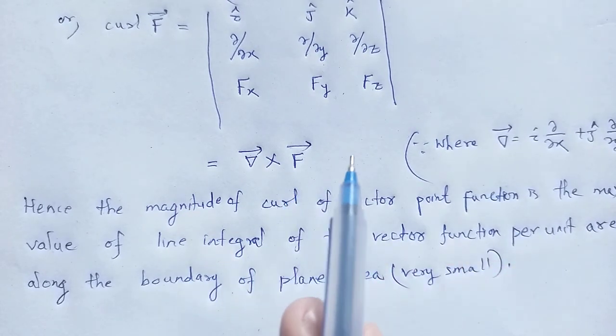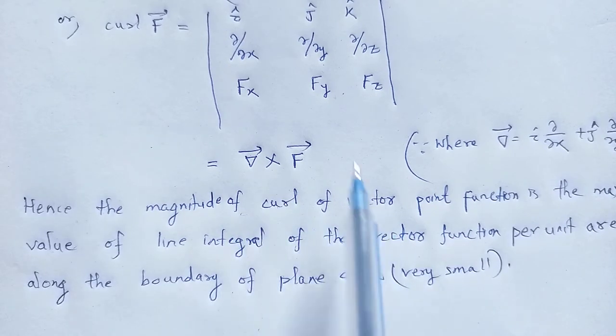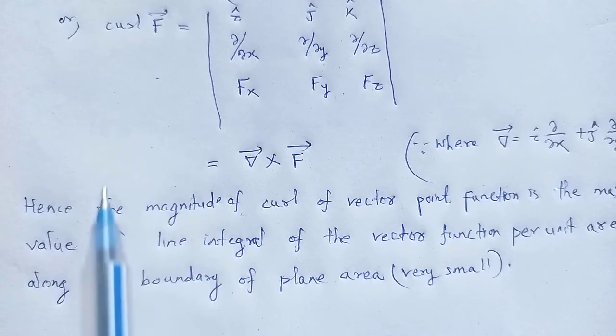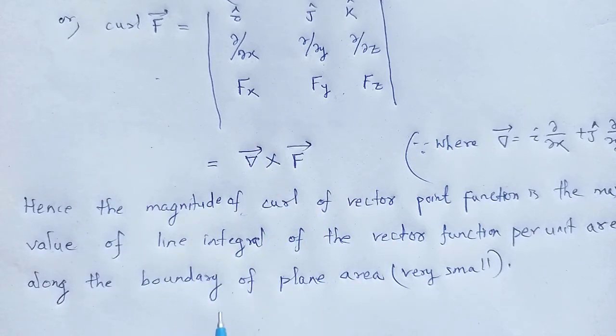This one is the physical meaning of that of curl. The magnitude of a curl of a vector point is the maximum value of the line integral of the vector function per unit area along the boundary of plane area. That area is very small. This one is the physical meaning of curl.